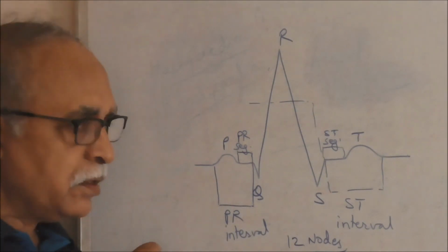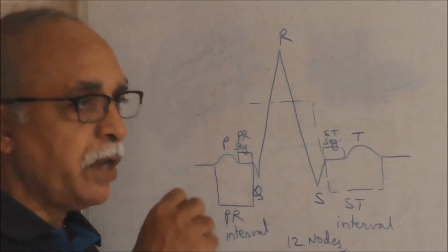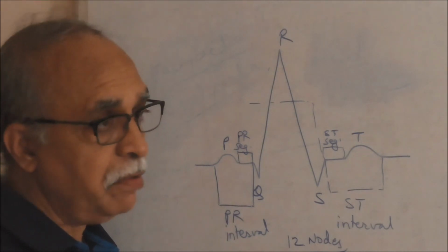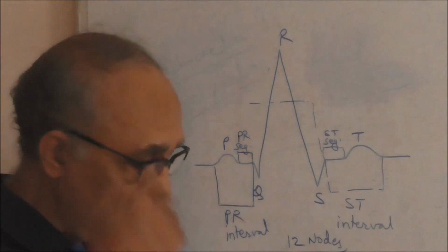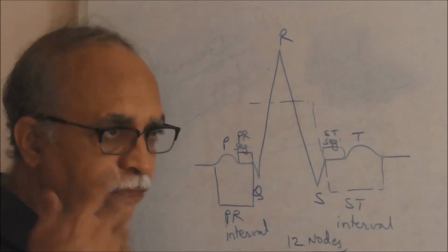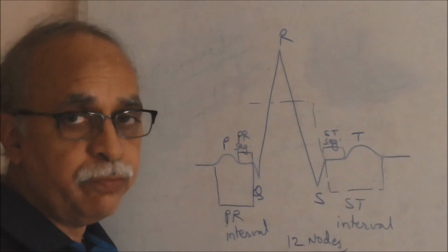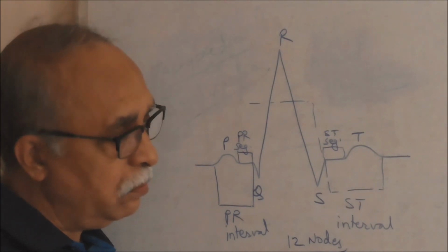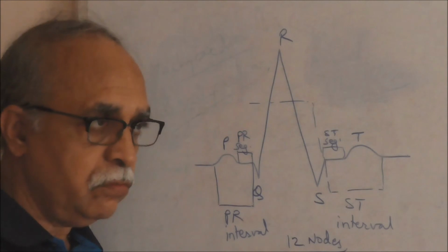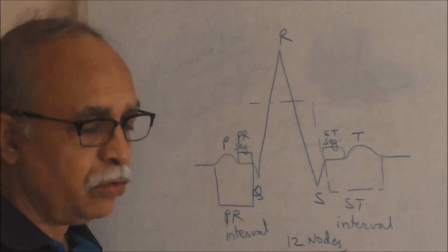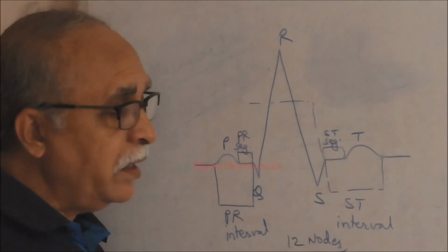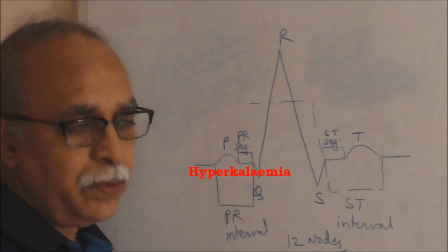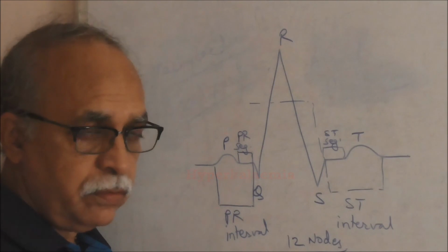Now, sometimes the potassium content of blood can vary, can be extremely low or extremely high. It is supposed to be somewhere between 3.5 to 5 millimoles per liter of blood. If it goes a little more than that, maybe 6 or 7, then that is called hyperkalemia, which can result in serious consequences in the functioning of the heart.